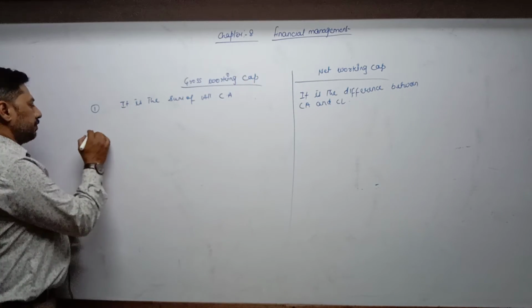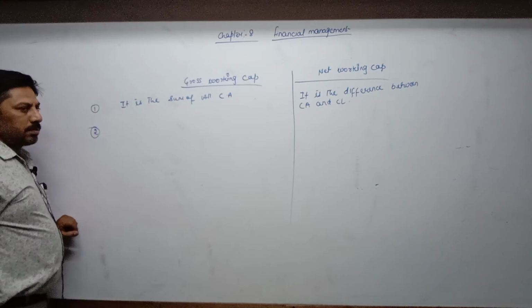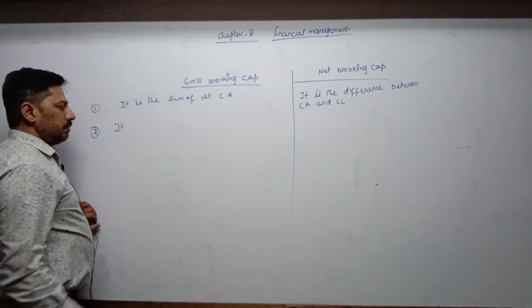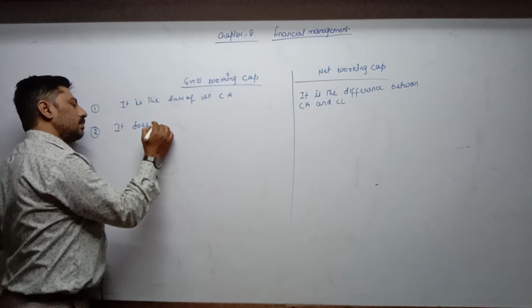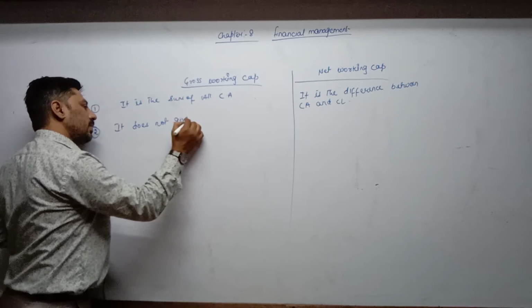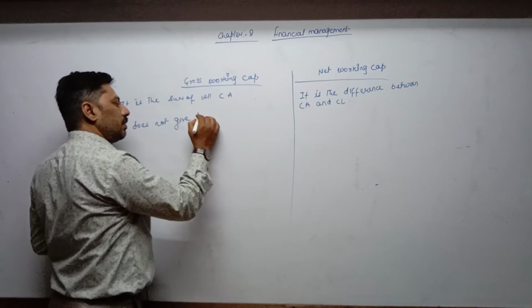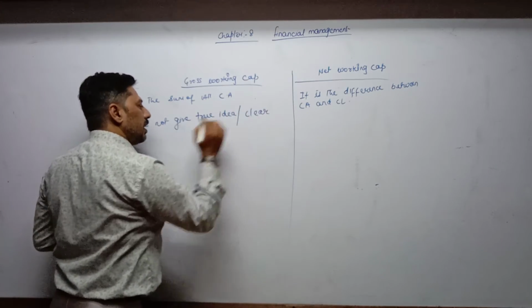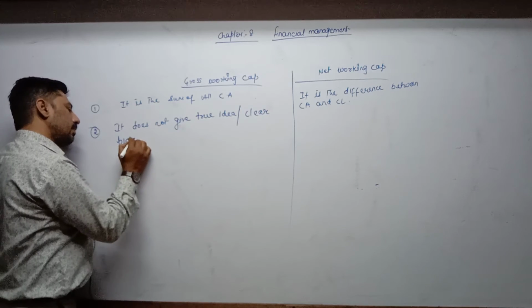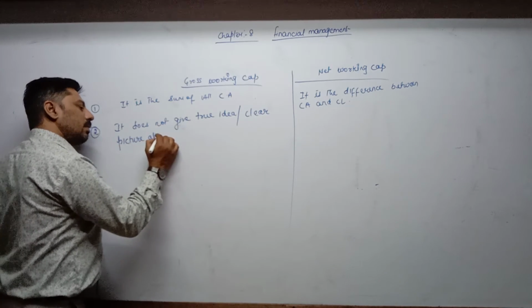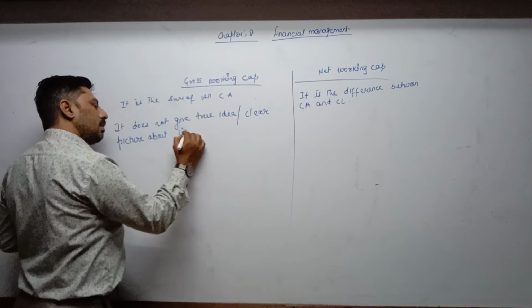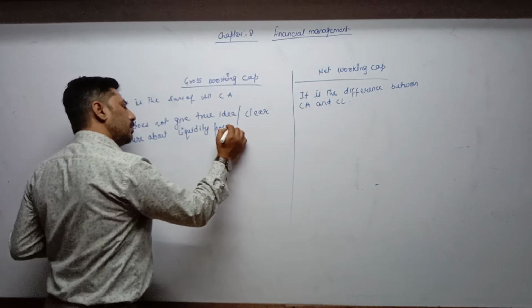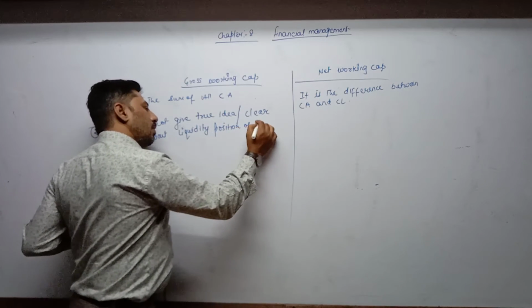Now, second difference. Gross working capital does not give a true idea, or we can say a clear picture, about the liquidity position of the company.